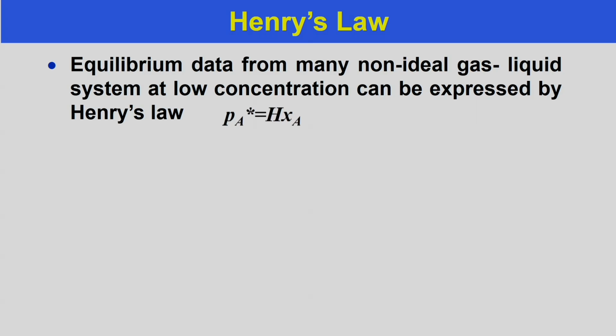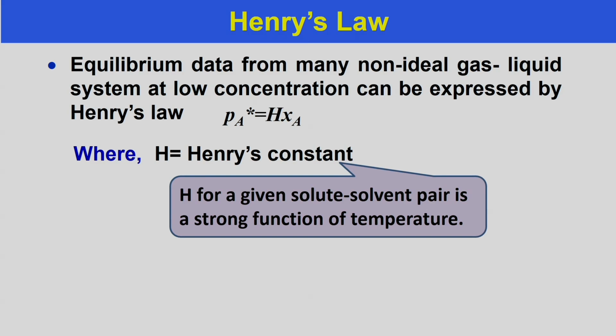It is represented by P A star equals H x A. In this case, H is the Henry's law constant, and H for a given solute-solvent pair is a strong function of temperature.